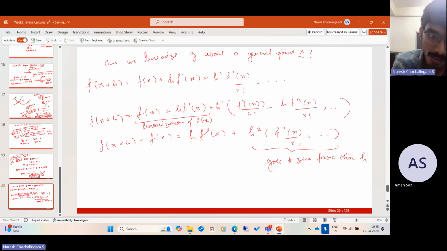So this x is not a fixed point. For any point, the Taylor series gives a way to linearize a scalar function about any given point x, right? Because you get increasing powers of h, and you can cut it off wherever h square comes, and these terms go to 0 faster than h itself. So this gives a linearization of f of x about any generic point x.